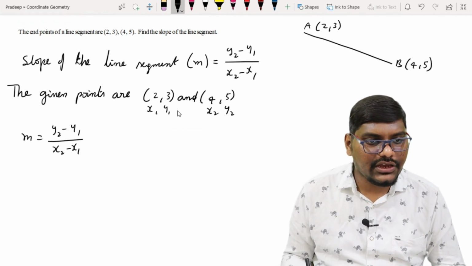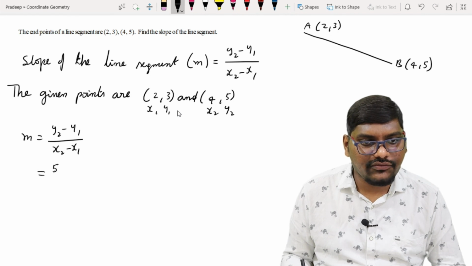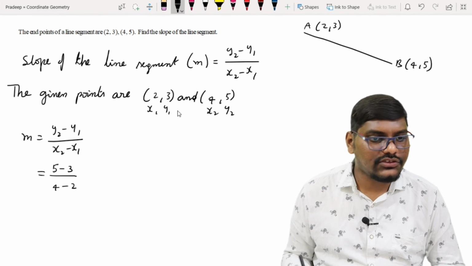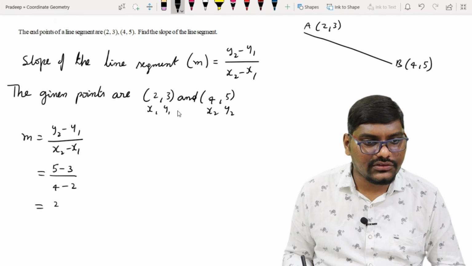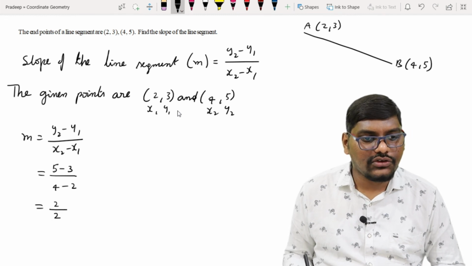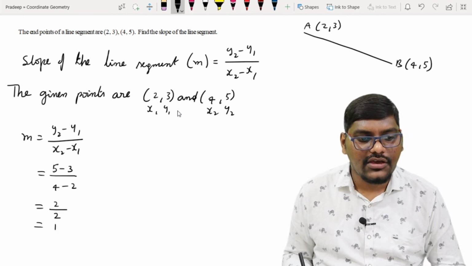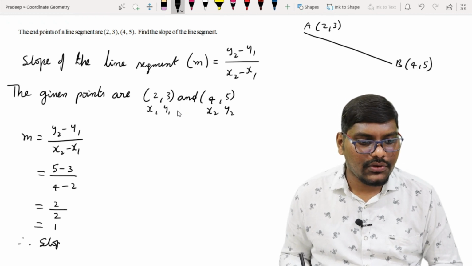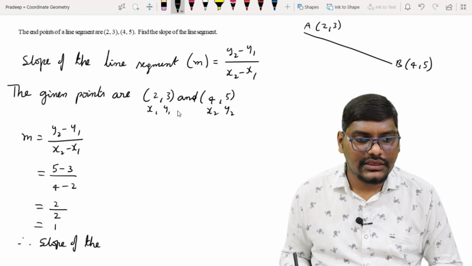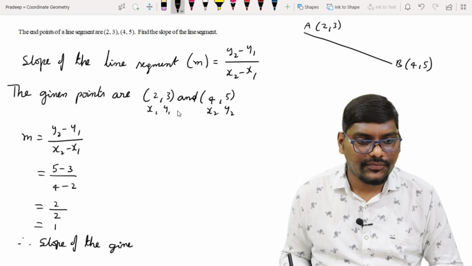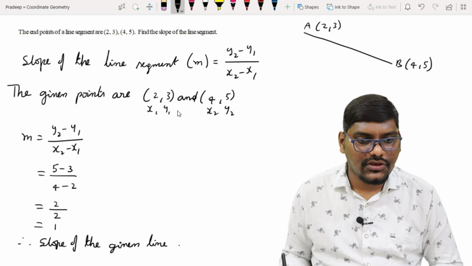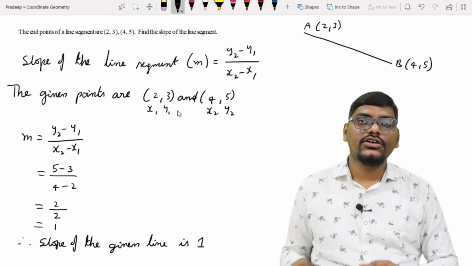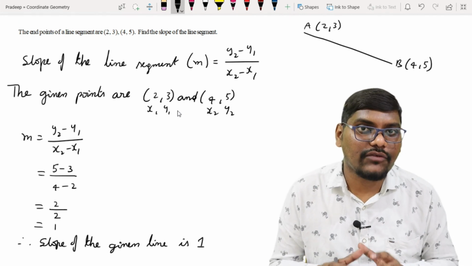I'll be getting y2 is 5, y1 is 3, x2 is 4, x1 is 2. So this is 5 minus 3, that is 2, and 4 minus 2 is again 2. 2 and 2 can be cancelled, the value will be 1. So the conclusion we can write, therefore slope of the given line is 1. Alright, so this is the way we will find out the slope of the line.